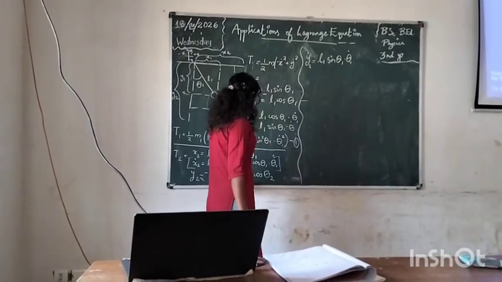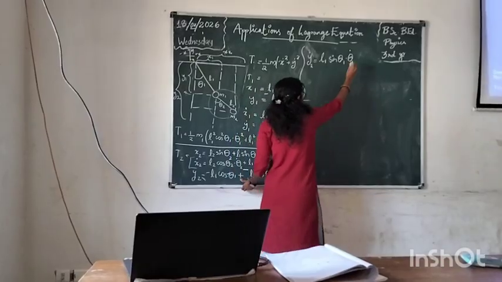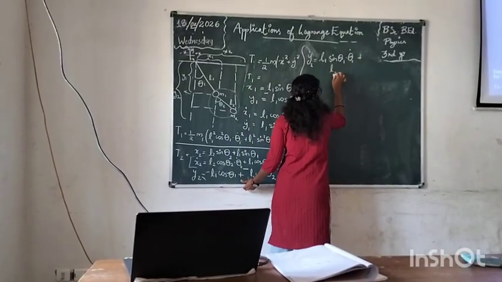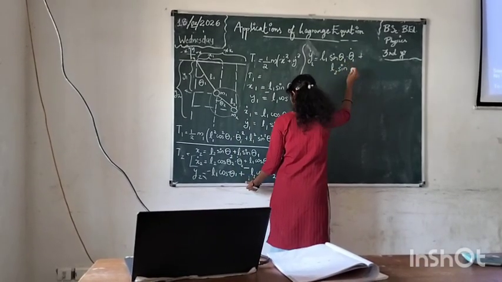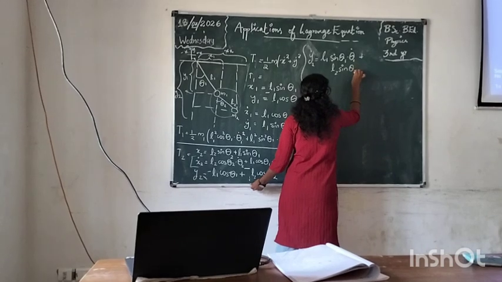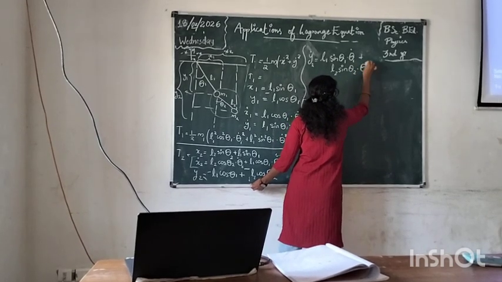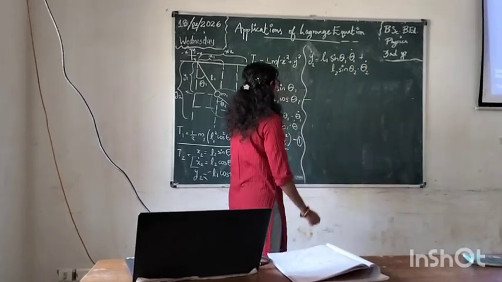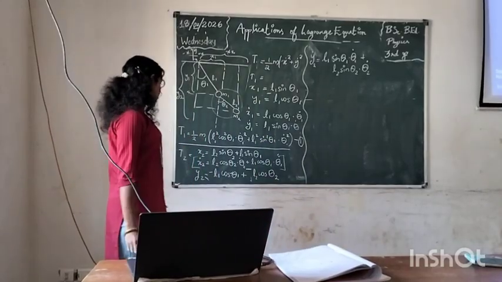Again minus and minus will get cancelled and become plus L2 sin theta 2 into theta 2 dot. So this is our y1 and y2.